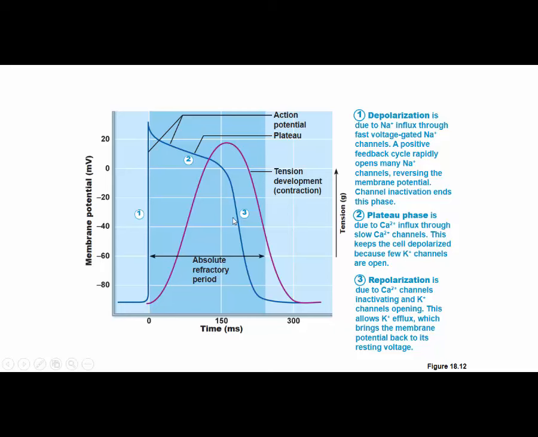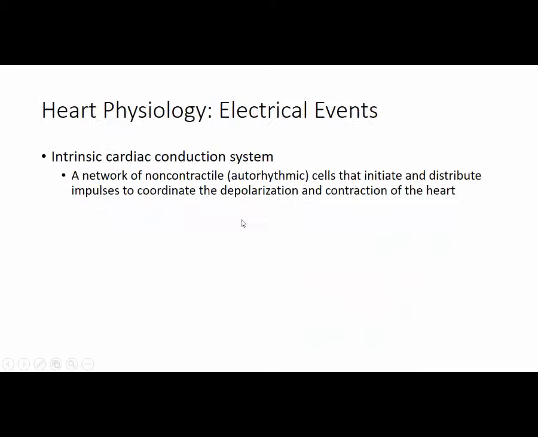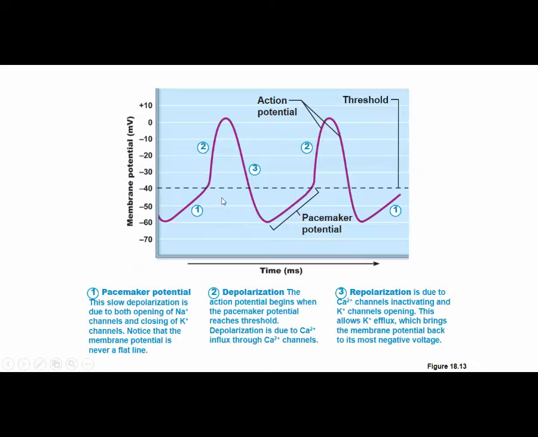So calcium's coming in. Number 3 is potassium. So going back to this one, what type of sodium here? Slow sodium. Number 2 again, voltage-gated calcium. And number 3, voltage-gated potassium. So the movement of ions is not changing. It's just where calcium comes in. And in both situations, it's the second player.